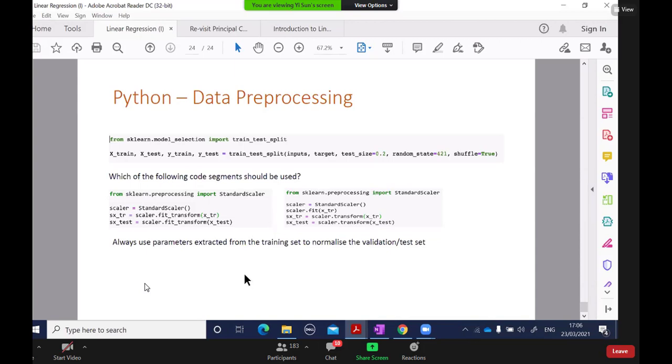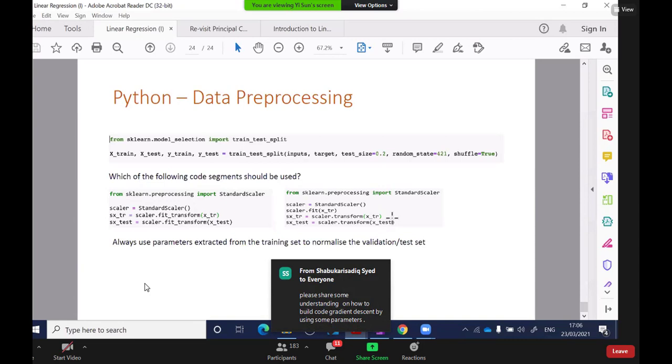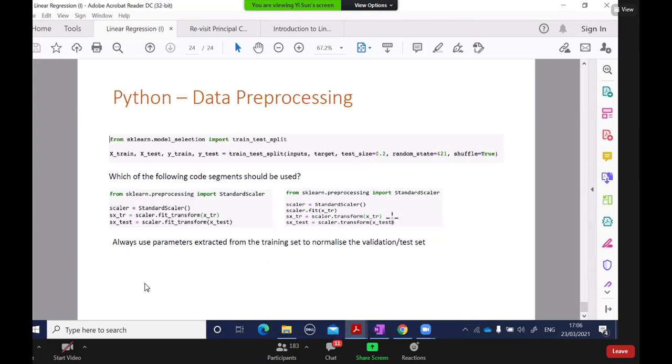In your coursework and in your data analysis, which one should you use? The answer is you should always use the right-hand side. The reason is that when we normalize a data set, we always use the mean, standard deviation, maximum value, and minimum value from your training set. Use those to normalize your training set and also your test set.